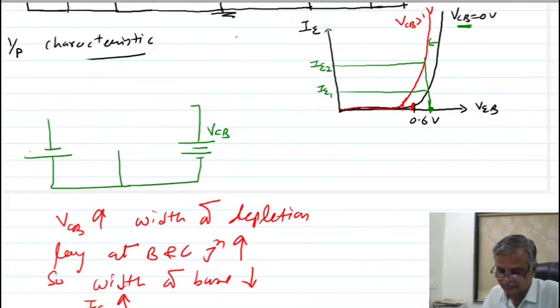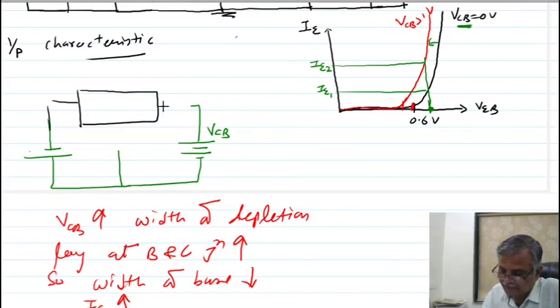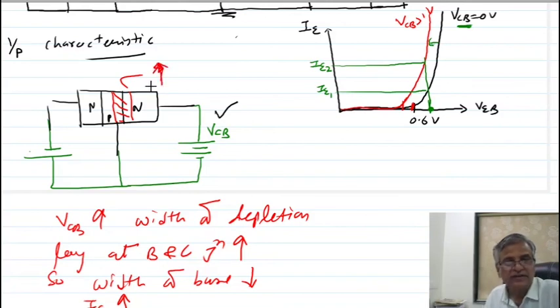Look here. This is your N, this is your P, this is your N. Now as this increases, this depletion layer increases, but a depletion layer is already there.